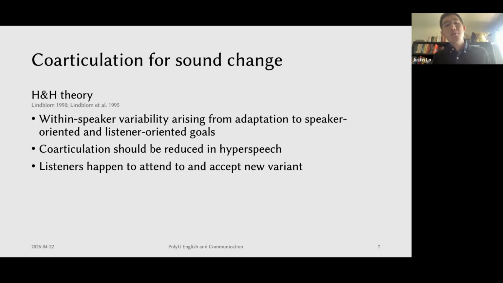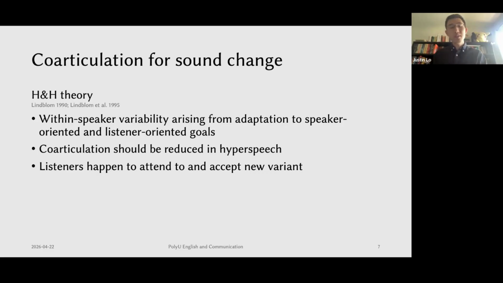So the idea is primarily that co-articulation should be reduced in hyperspeech when we clearly articulate, because co-articulation introduces extra variability into the acoustic signal. By reducing the co-articulation, by reducing how much influence, say, the following N has on your vowel, you can emphasize the acoustic quality of that vowel itself.